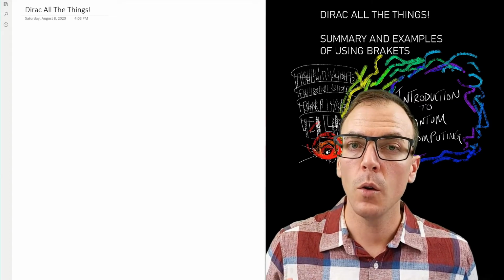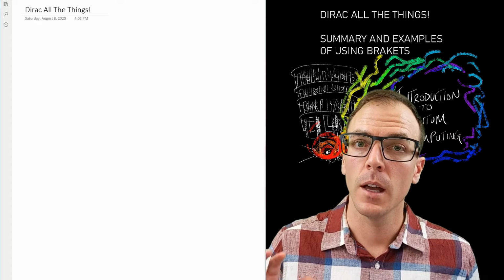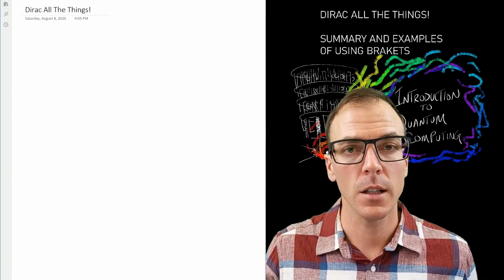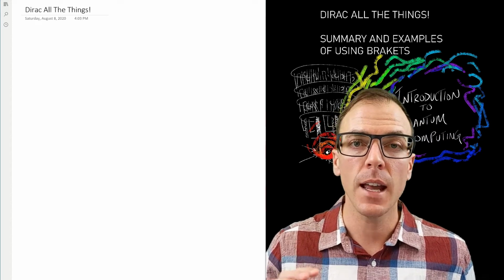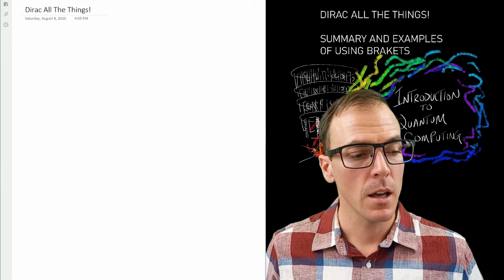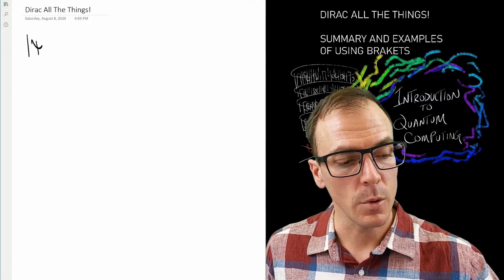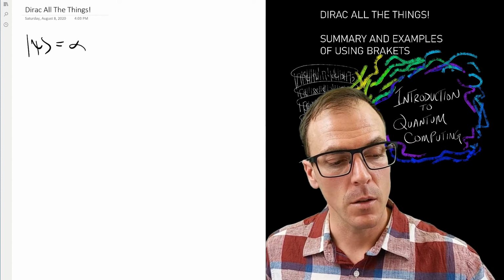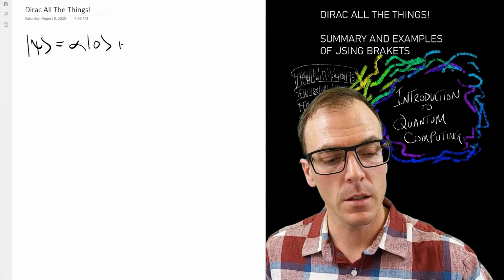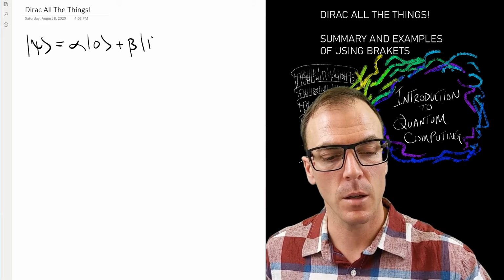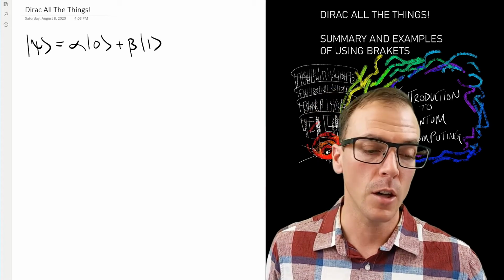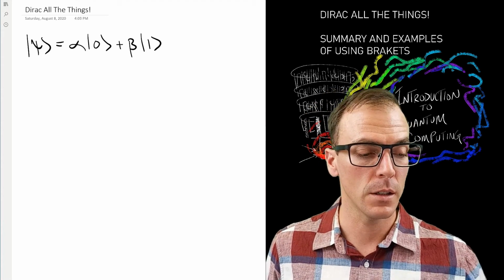So you know Dirac notation now in terms of its connection to linear algebra and states of qubits. The first example you saw was writing a qubit state as a linear combination of the computational basis, as we called it.